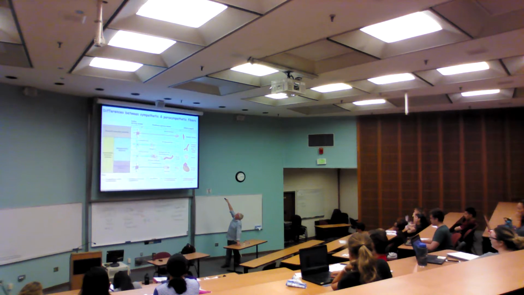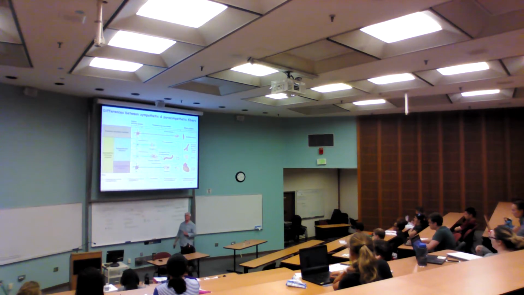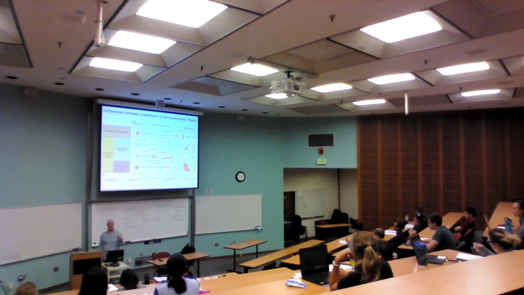Maybe it's blood vessels, glands, or heart. And for the heart, since it's norepinephrine, it will be specifically beta 1 adrenergic receptors. And in 242, you will learn that those cause an increase in heart rate and force of contraction.